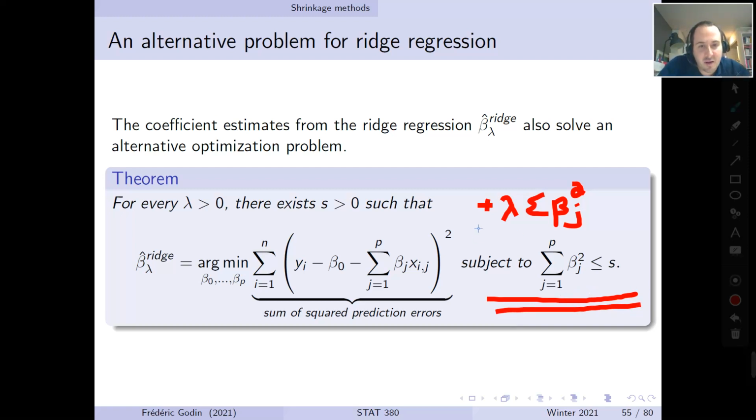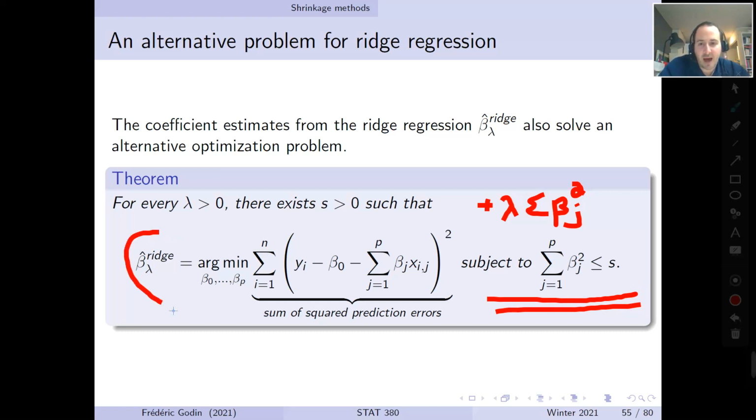So instead of adding a penalty term in the objective function, we're going to use the original objective function of the OLS regression, but instead we're going to impose a constraint where the sum of squared parameters beta, which starts at 1, so the intercept is once again excluded, must be smaller or equal to s for some constant s greater than 0.